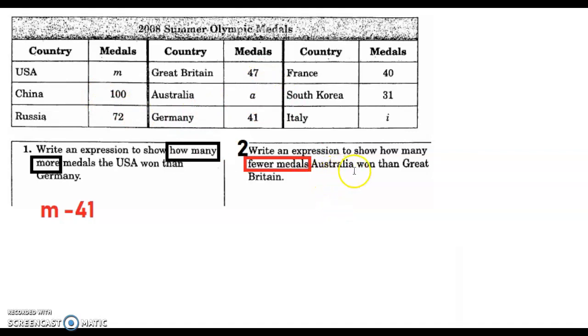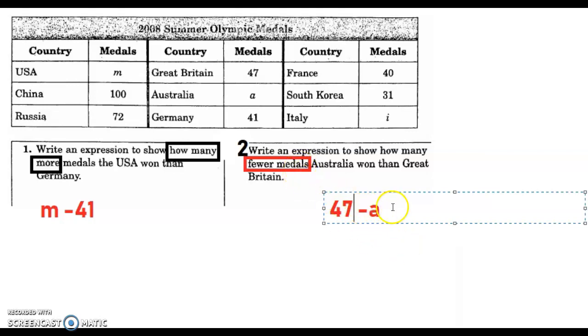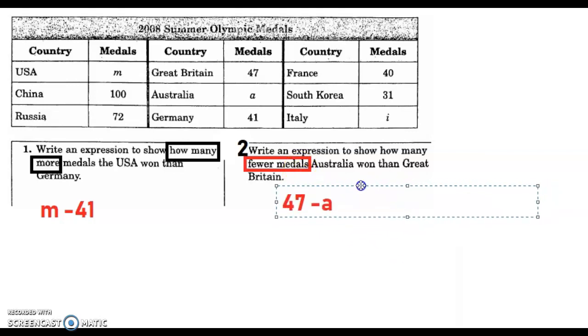So if Australia won fewer medals, they're going to be my second number because they're a smaller number, right? So it's going to be minus A. And Great Britain is 47. So if I do 47 minus A, it's going to give me how many fewer medals Australia has than Great Britain.